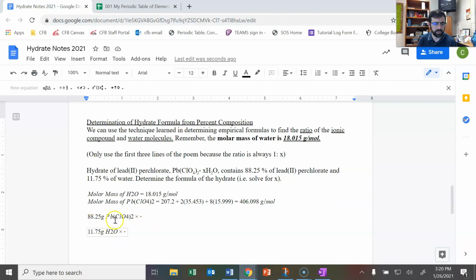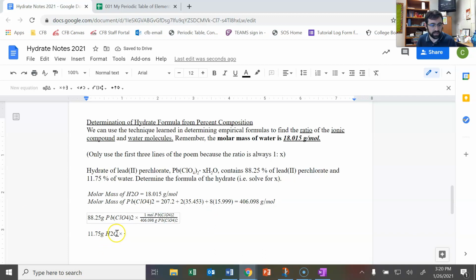All right, the next thing we're going to do is go from mass to mole. We did percent to mass, now we go mass to mole. So on the bottom, we need to cancel out our units. Grams of PbClO4: I've got my molar mass here, 406.098 grams of PbClO4 in 1 mole of PbClO4.